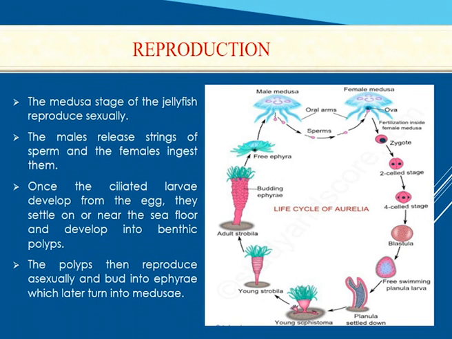So medusae give rise to sexual reproduction, forming the zygote, which in turn forms the planula larvae, and these planula larvae give rise to the young polyps.